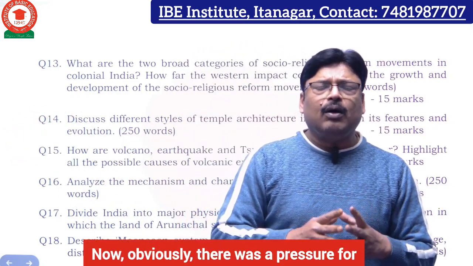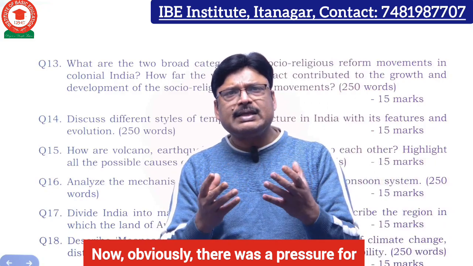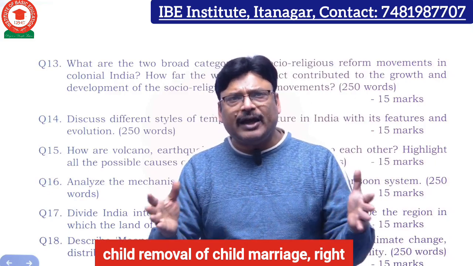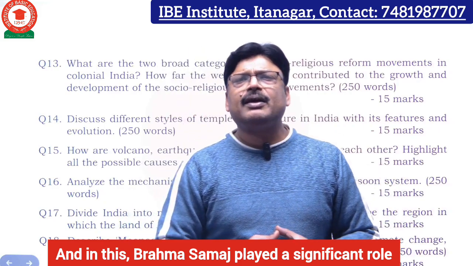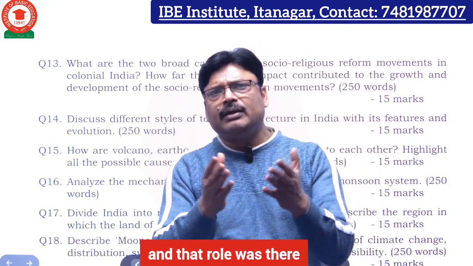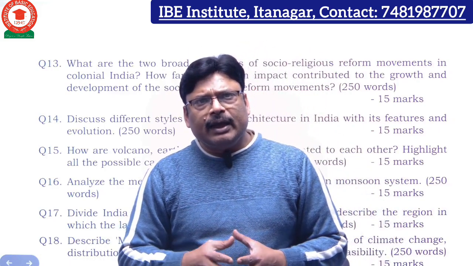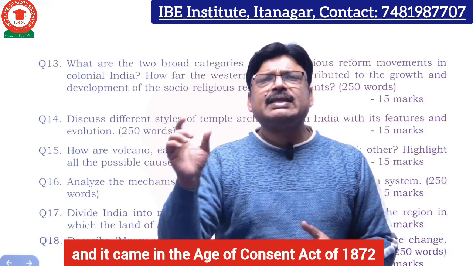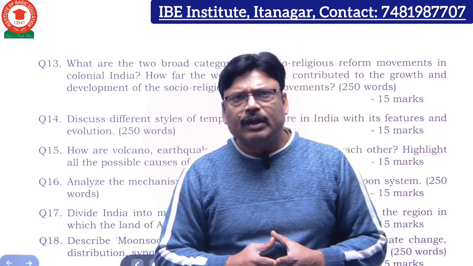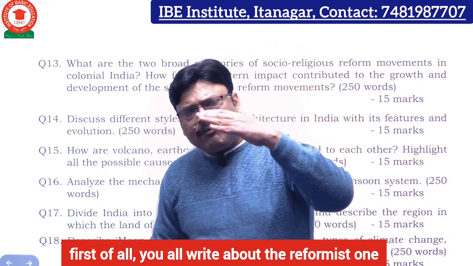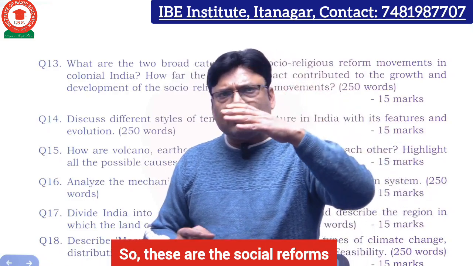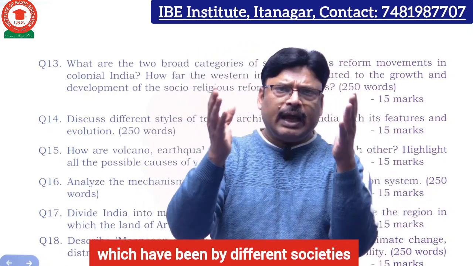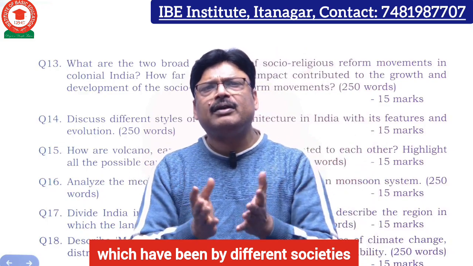Obviously, there was also pressure for the removal of child marriage, and in this the Brahmo Samaj played a significant role, and it resulted in the Age of Consent Act of 1872. So first of all, you write about the reformist one. These are the social reforms brought about by different societies.